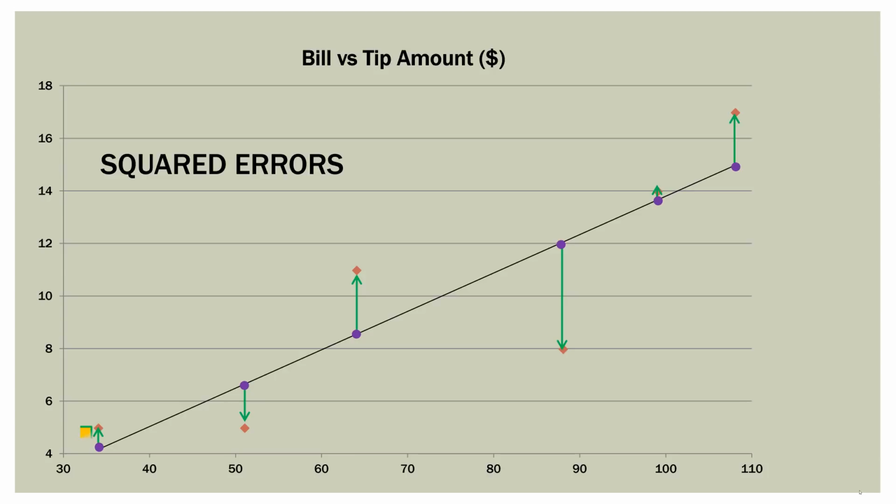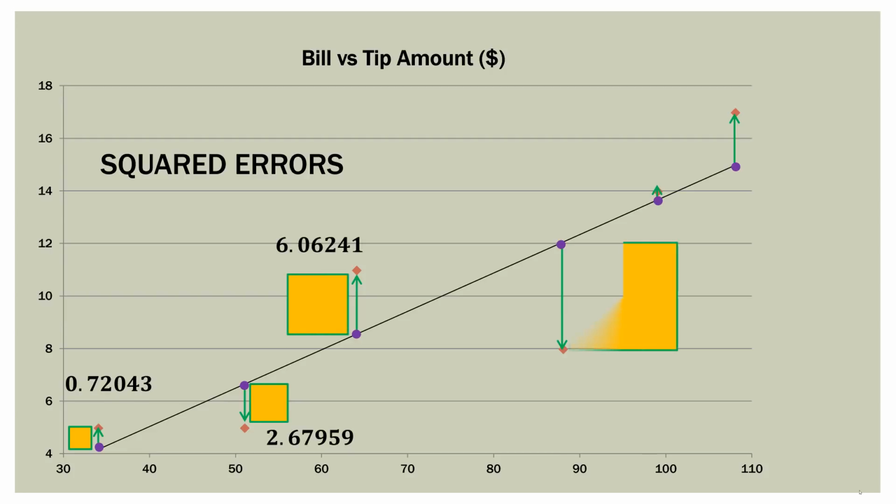We square them. When we square those errors, what we get is our squared errors. And it literally means that. We're taking our errors and squaring them. So the distance between what the regression equation predicts, the purple dot, and what our observation was, the orange diamond, we square that difference. Those are literally our squared errors.